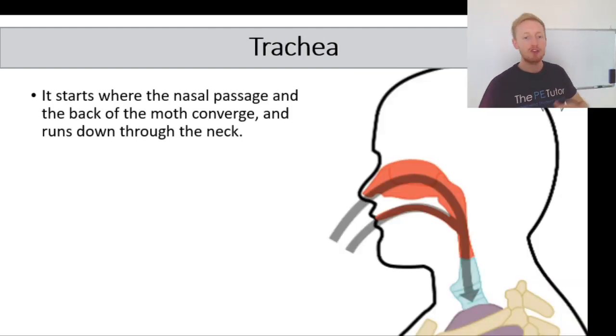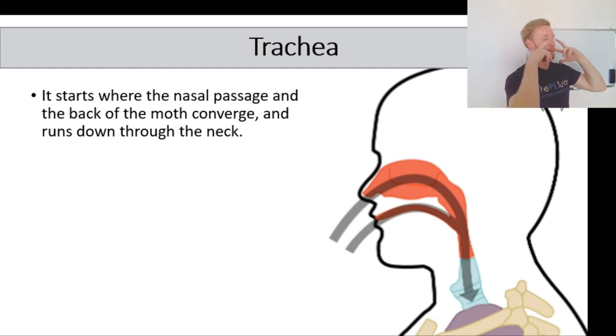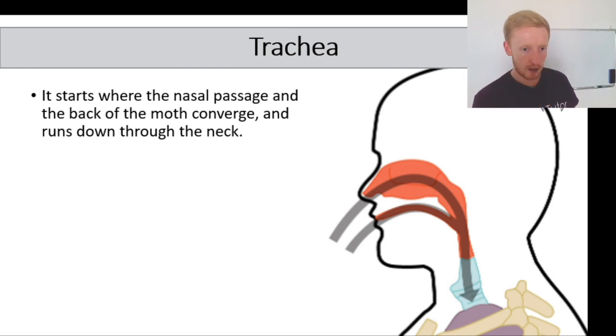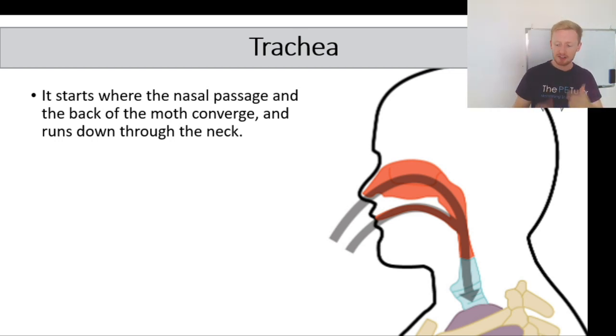Second, we have the trachea. Now this is the airway that connects the back of our mouth and the back of our nasal passageway. As you can see, they meet, don't they? They converge. Those 2 grey pathways converge into this blue track, this trachea. Now it's not blue inside of our body, but it's blue on this diagram here, and it runs down through our neck.